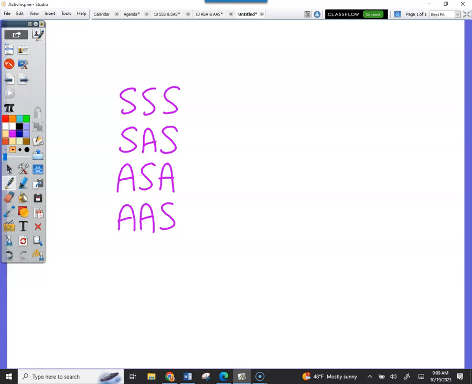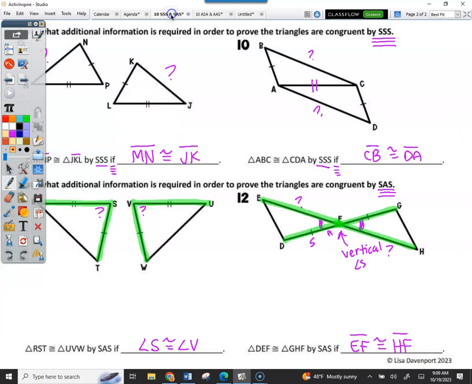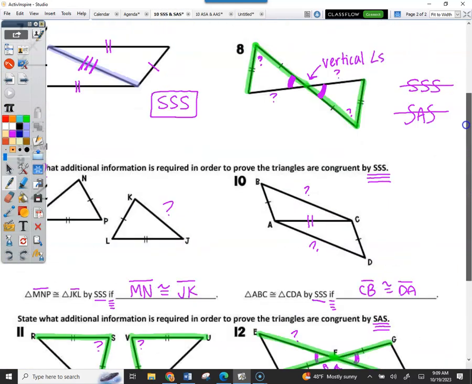In fact, if you look at page 51, number 8 on page 51. Do I still have it on here?